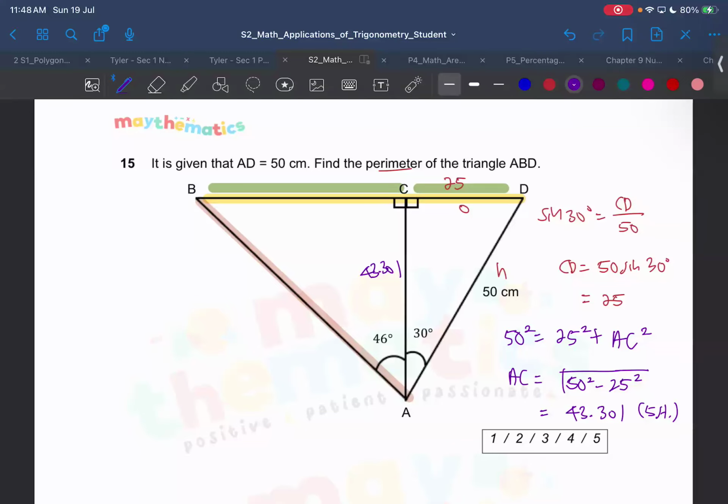Quadratic equation. Proportion. Okay, proportion means inverse and direct. Yeah, we did it before. Congruency, similarity, Pythagoras. Yeah, that's why I need to revise this one. Okay, that means trigo is not tested. Yeah, but Pythagoras is tested.